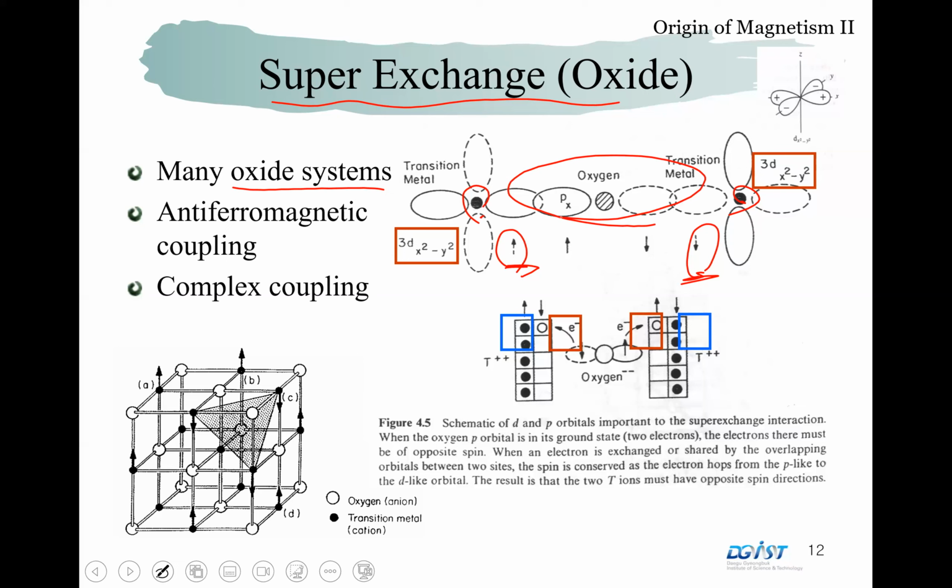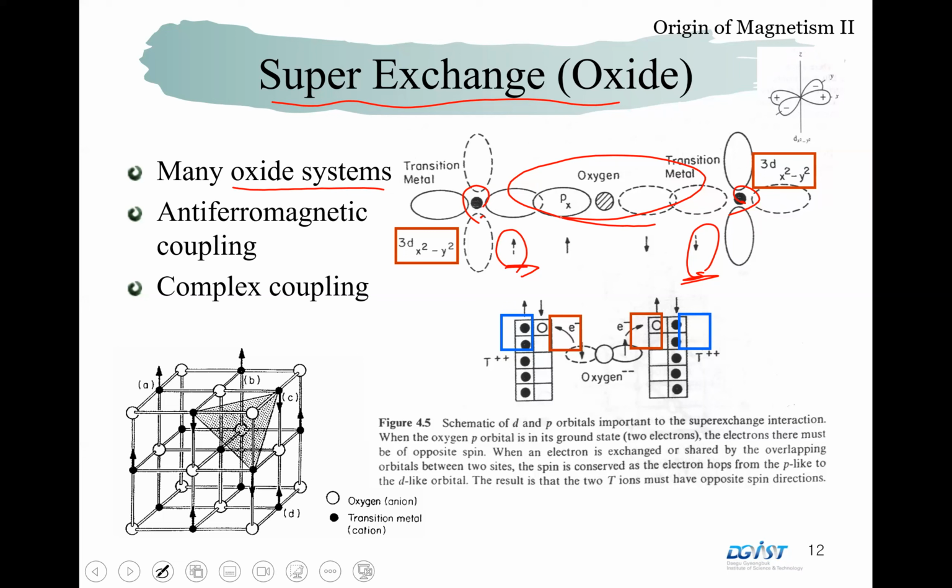and many things. So that's why in oxide systems such coupling is usually very complicated, and they show up as very complex material properties. And it depends on the temperature. There are many phase transitions in oxide materials because if the lattice constant changes, then everything can be changed.